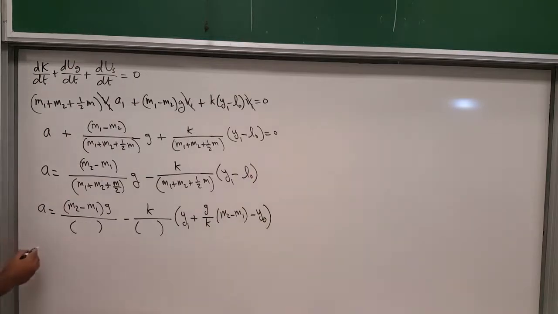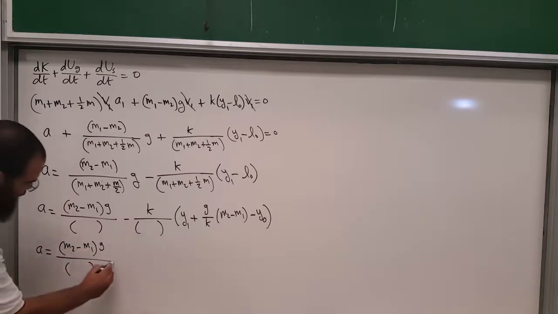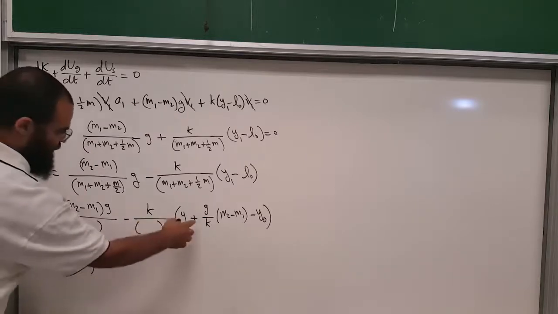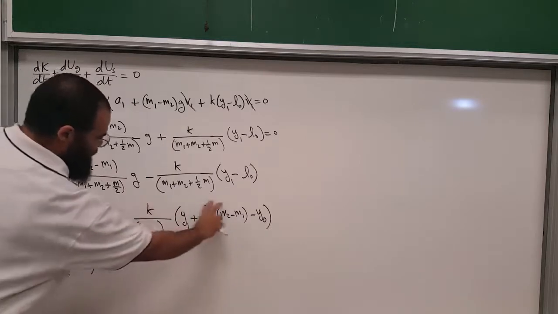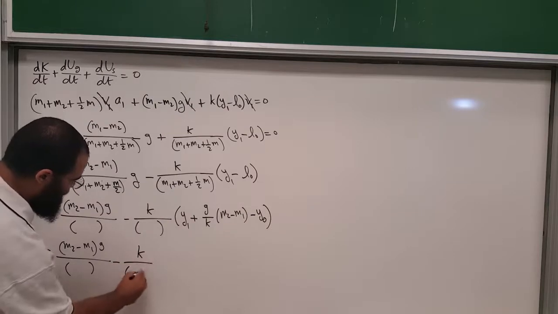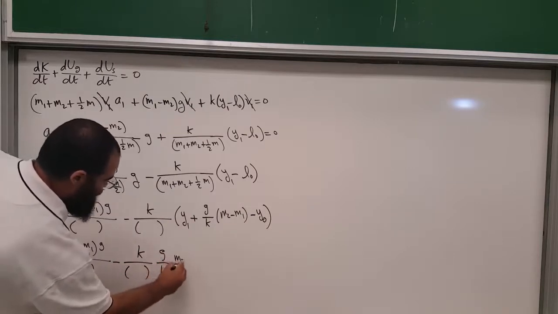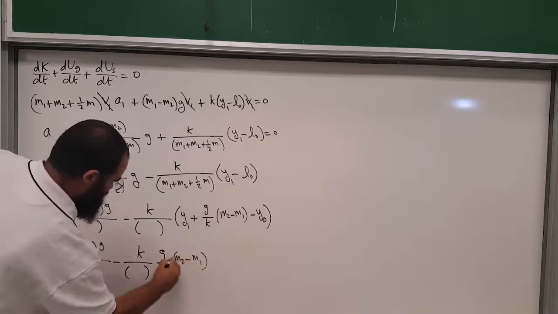And I have the acceleration will equal to, let me write it one more time, m2 minus m1 times g divided by all this stuff in the parentheses, and then minus, let me multiply this one by these and pull it out of the parentheses, so I have k over some stuff here, and then g over k, and then m2 minus m1, like so.